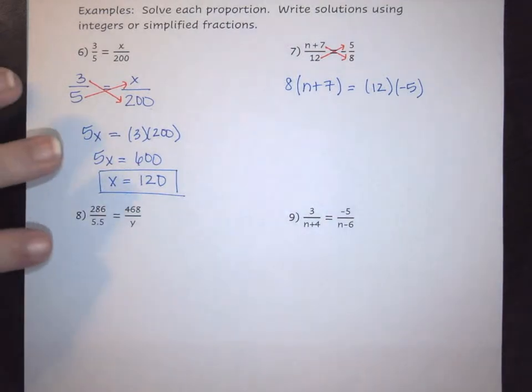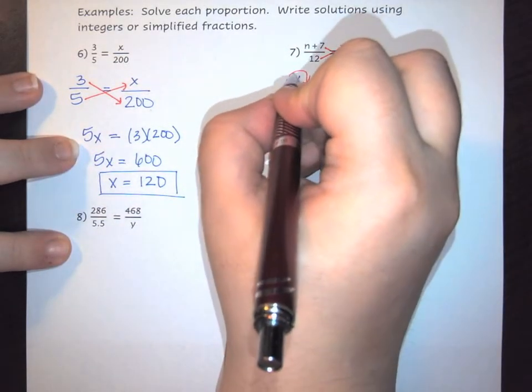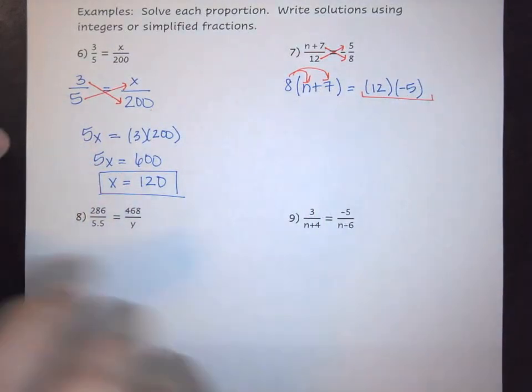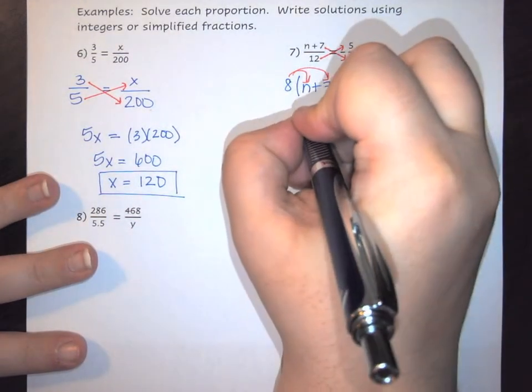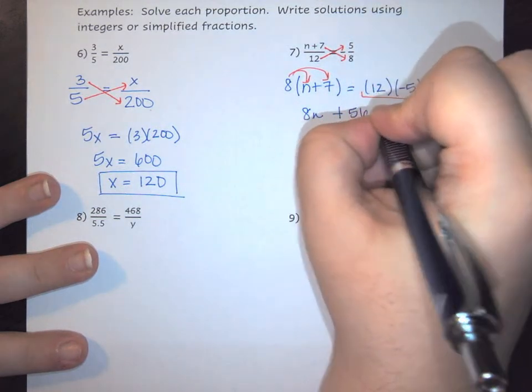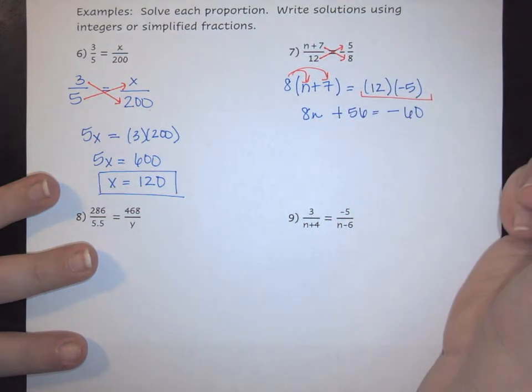So we have to distribute this 8 through the parentheses here, and we are going to multiply on this left side. So here we're going to end up with 8n plus 56 is equal to -60.